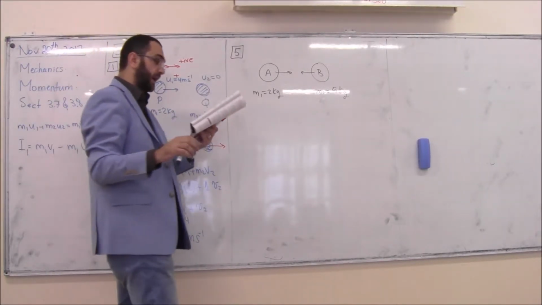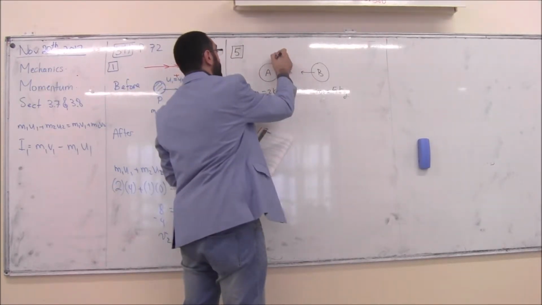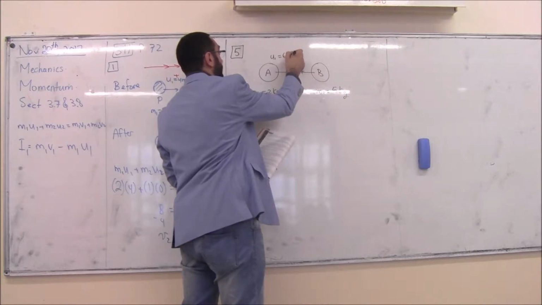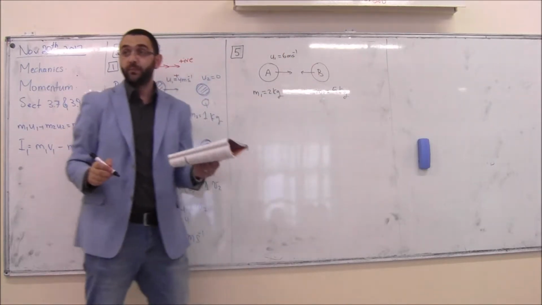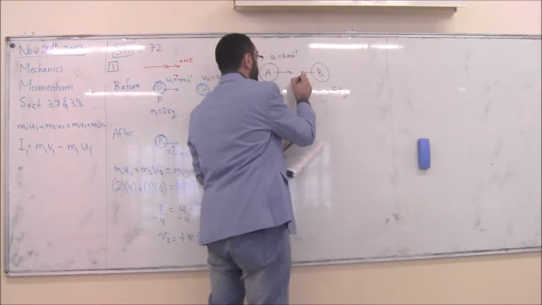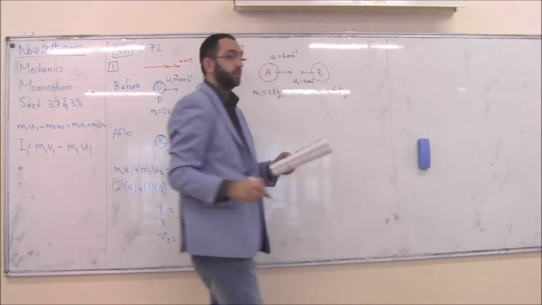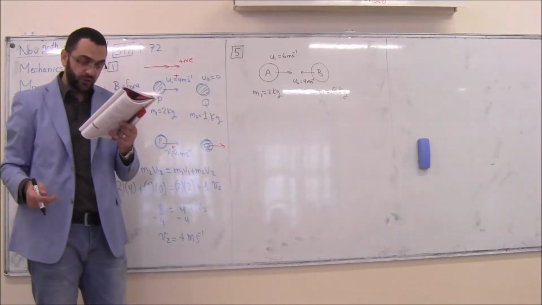The particles collide. Before the collision, the speed of A, U1, is 6 meters per second, and of B, U2, is 4 meters per second. This is before the collision.